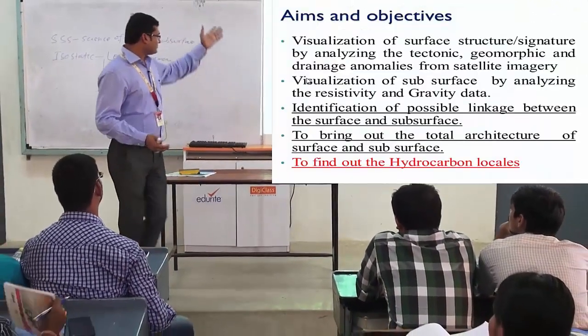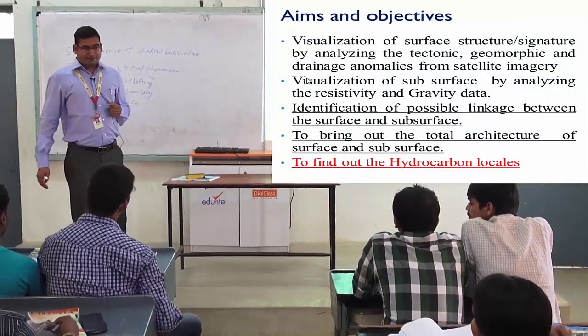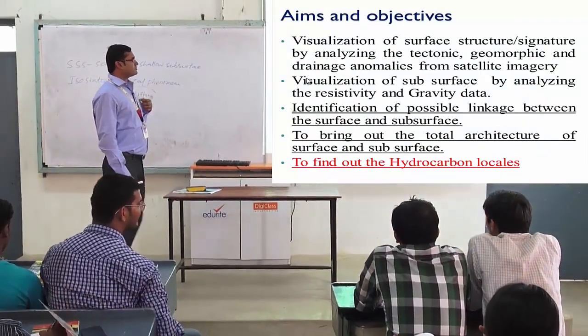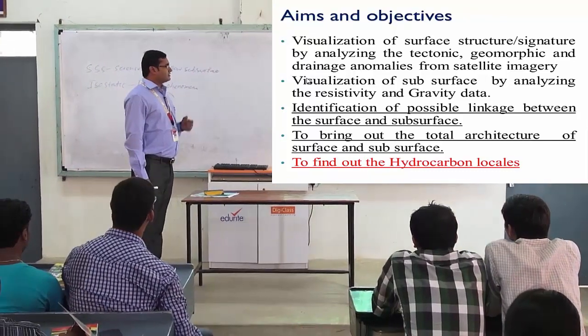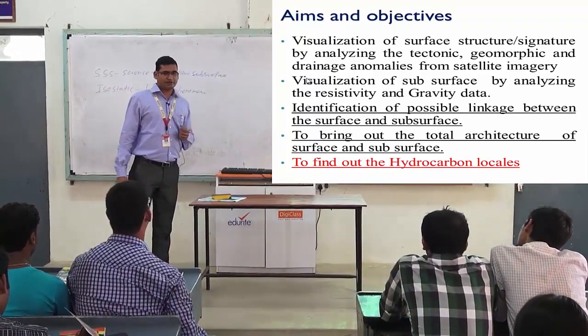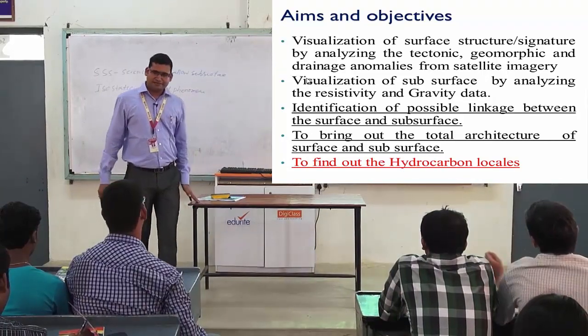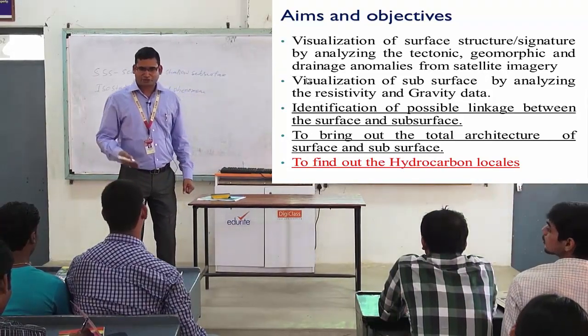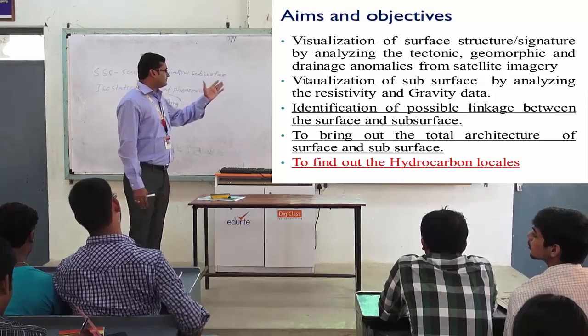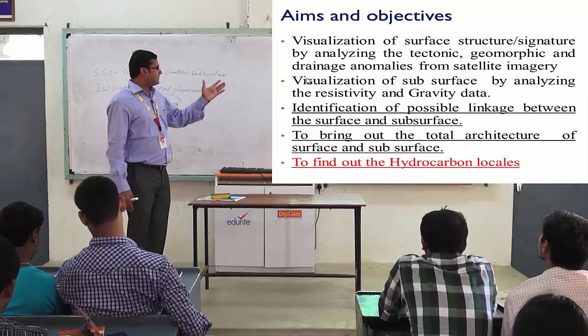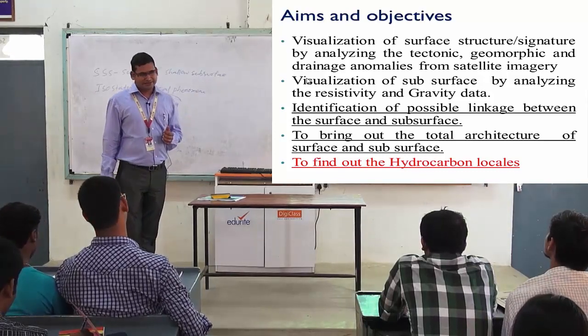Okay, so the aims and objectives of this case study are visualization of the surface signature or the structure by analyzing the tectonic, geomorphic and drainage anomalies from the satellite imagery. That means we will get the surface architecture. Then visualization of the subsurface by analyzing the resistivity and the gravity data.